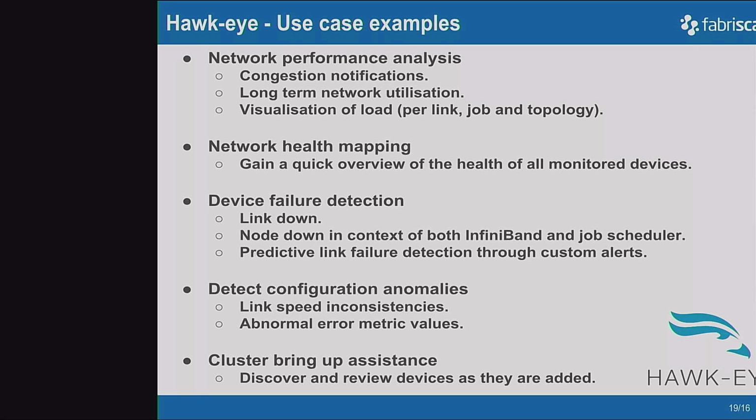We will be alerted when there is a link failure or port failure in the InfiniBand network. That will raise an alert in the system, and then we can quickly see the alert. We can also visualize the state of the network from the job scheduler point of view, so that we can see all the nodes that are idle or allocated for jobs.